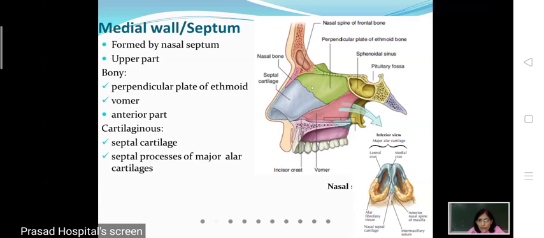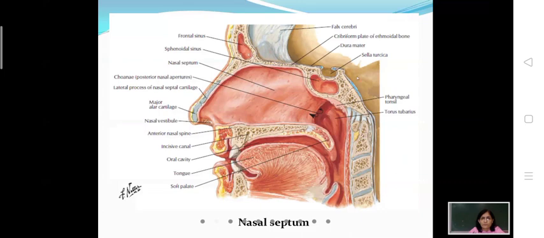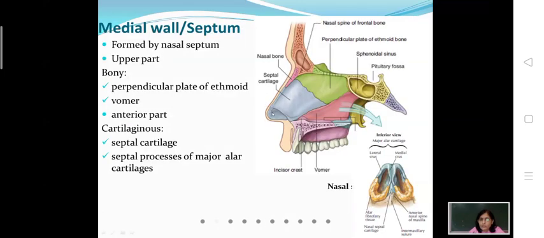Now the gap between these two is filled by cartilages. What are the cartilages present? Because it is septum, the main cartilage is the septal cartilage. This is the septal cartilage. Second is the septal processes of major alar cartilages.